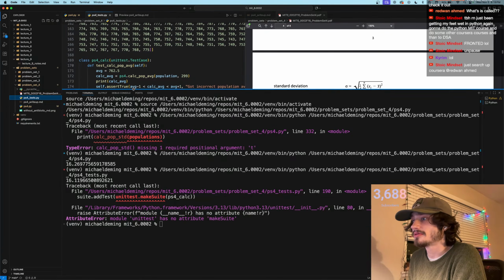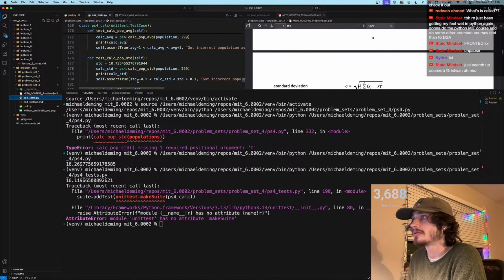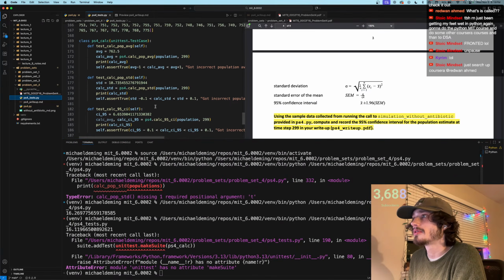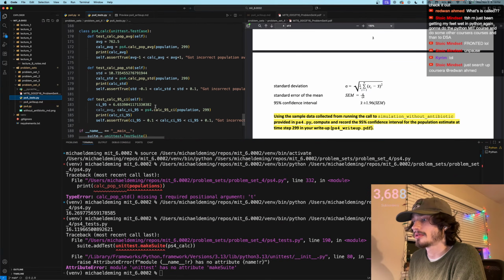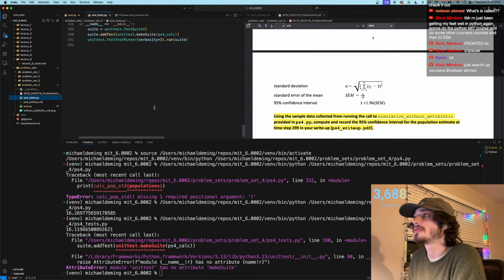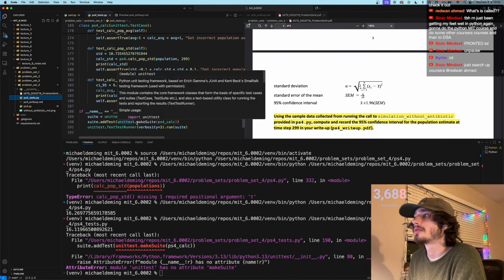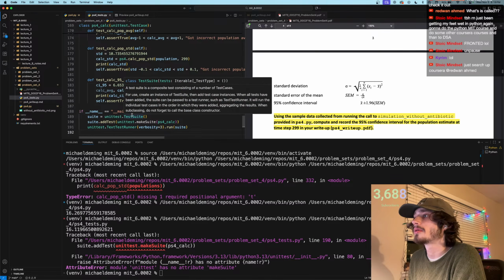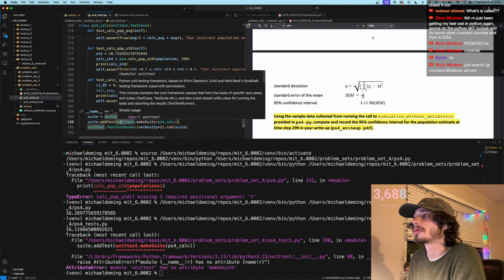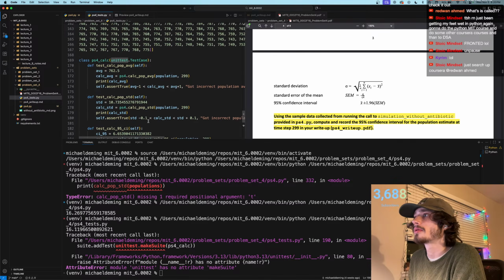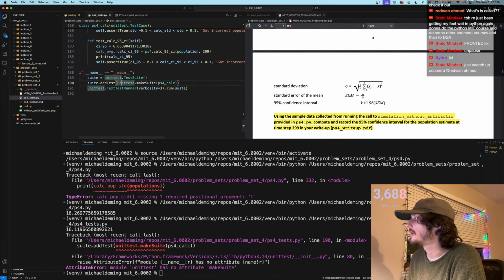Okay, so unit test no attribute make sweet. I hate how it does this.